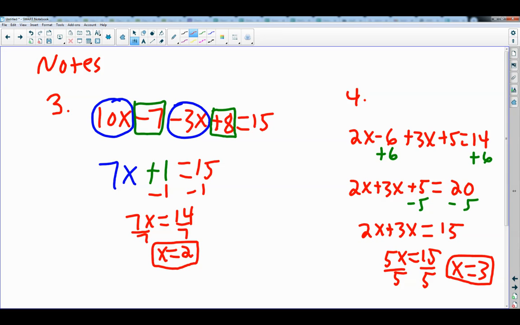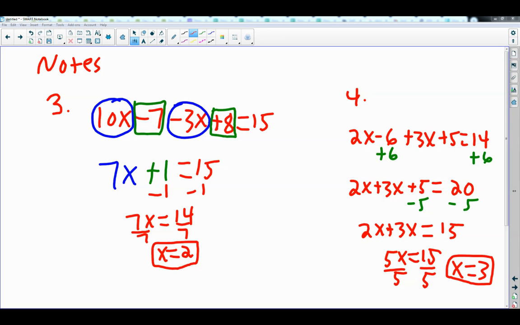Okay. And you're saying, Mr., can't I add 6 and subtract 5 both at the same time? No. I'm going to say no, because that's when you're going to get really confused and you're going to make an arithmetic error. If you try to minus 5 and add 6 at the same time, don't do it.